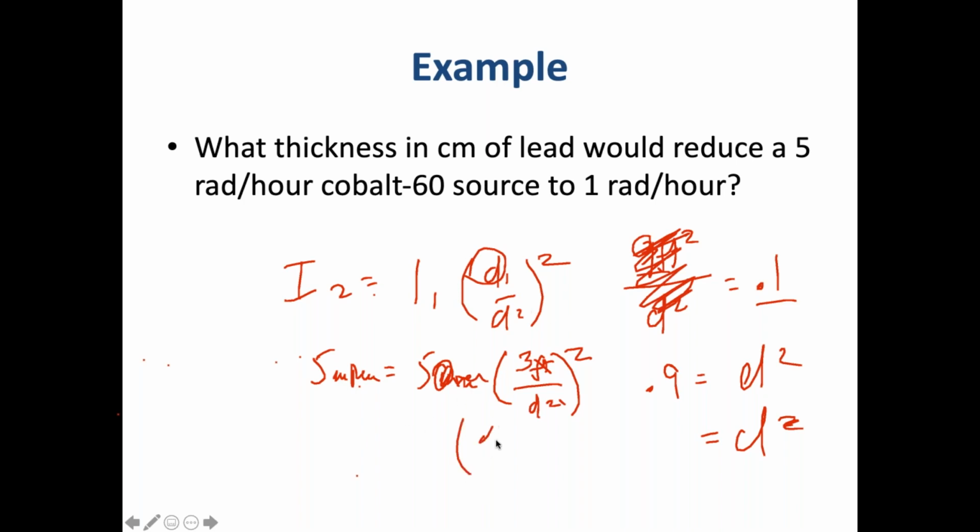So D1 over D2 squared is equal to 0.1. If I take the square root of both sides, then I have D1 over D2 is equal to the square root of 0.1.